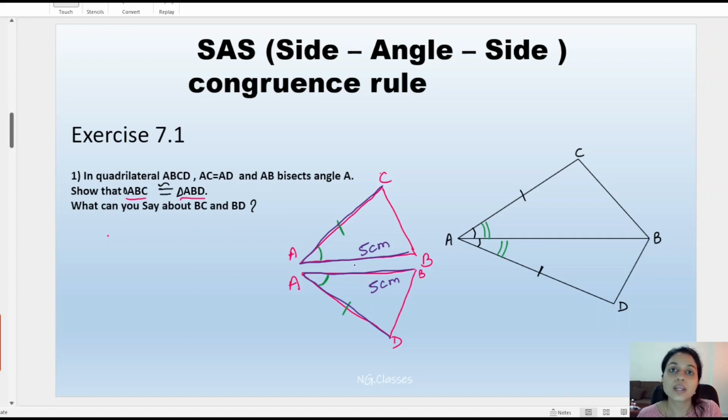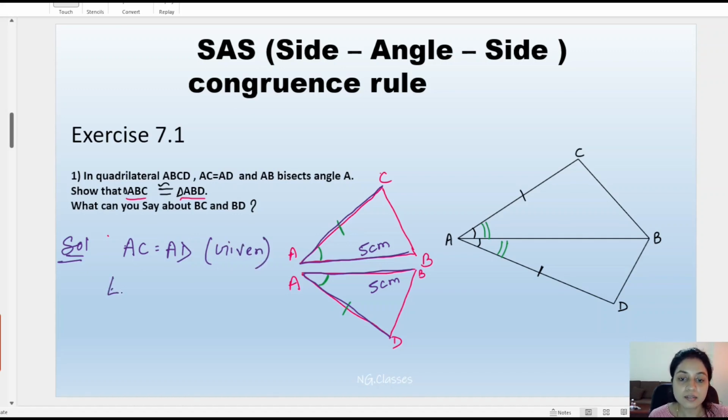And we can see the included angle between the two sides. We are not talking about the other angle, we are talking about the included angle between both sides. Here the green angle which is included between both purple sides is the same as the other green angle which is included between both purple sides. So let's prove it. We can say AC is equal to AD, already given in the question.